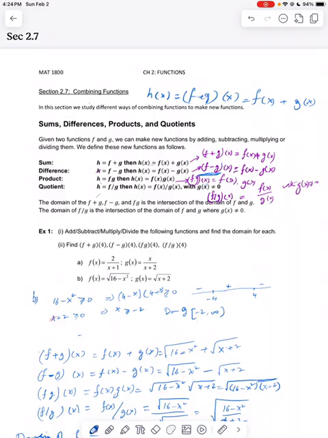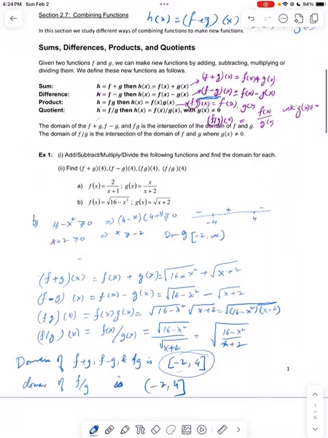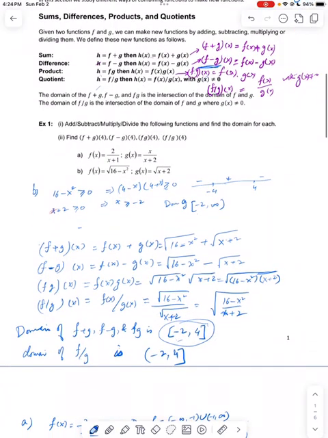Similarly, the product f times g of x will be equal to f of x times g of x. And then division, f over g of x will be f of x over g of x, with g of x not equal to 0, because we cannot have 0 in the denominator. So what about the domain?